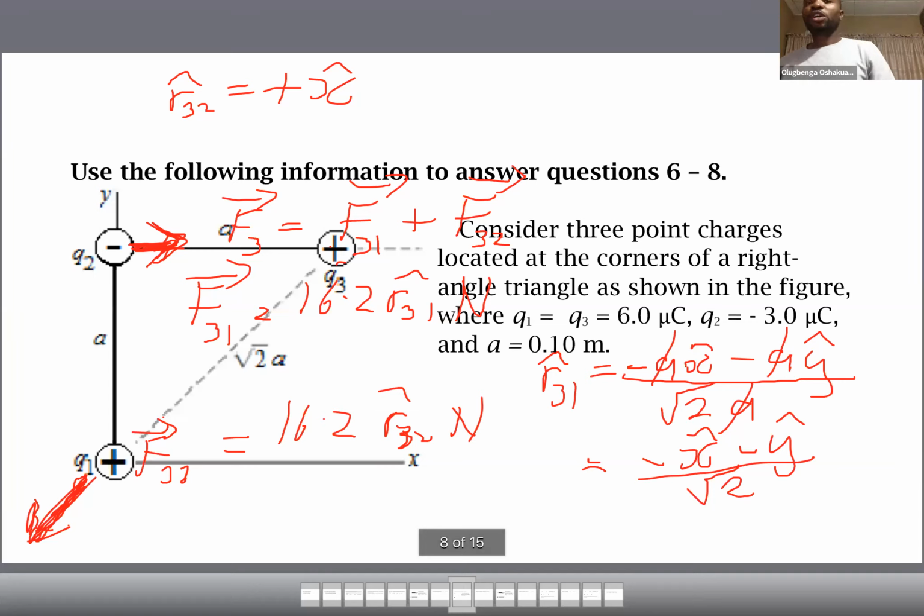The next thing we have to do is add F31 to F32, then calculate the magnitude.